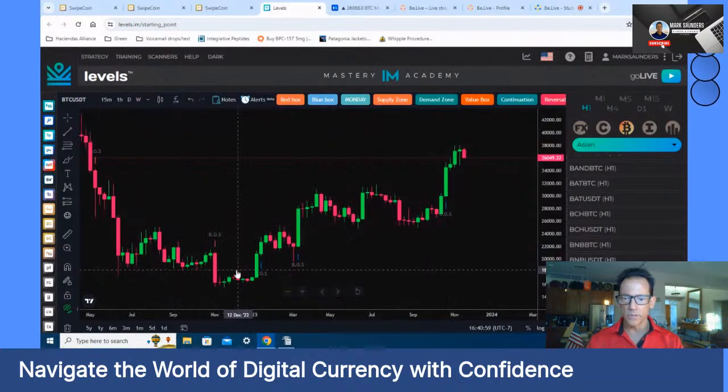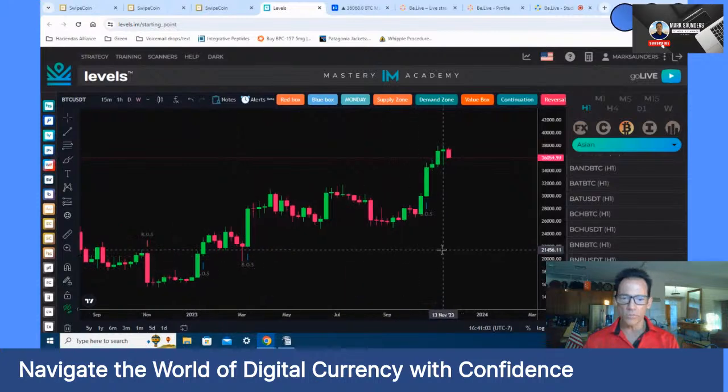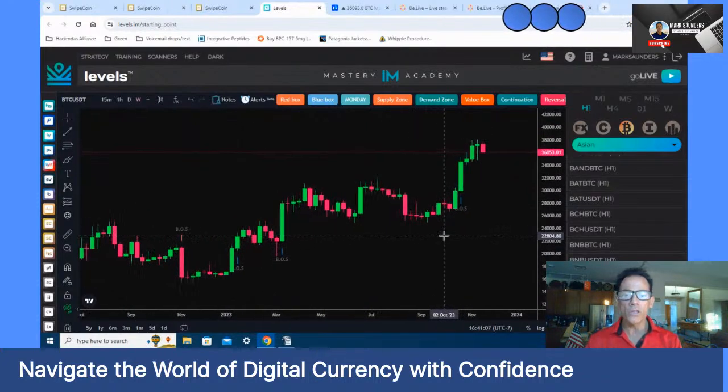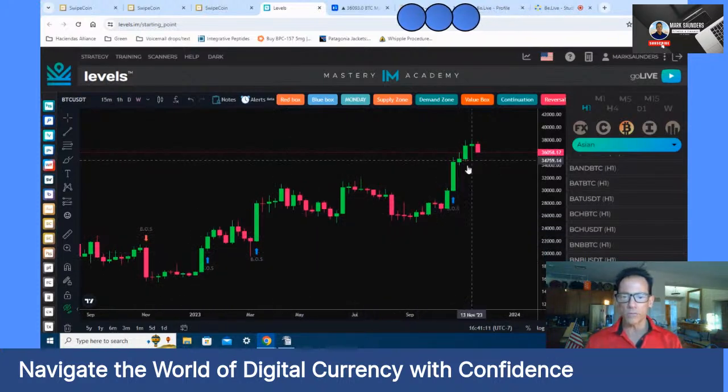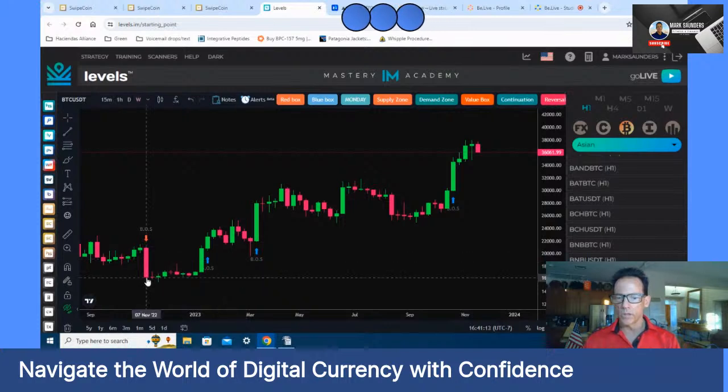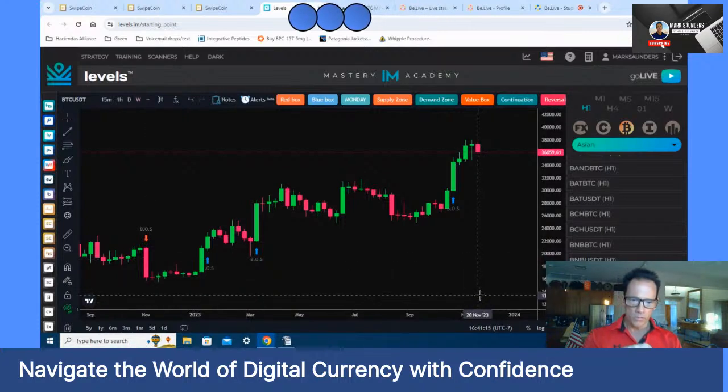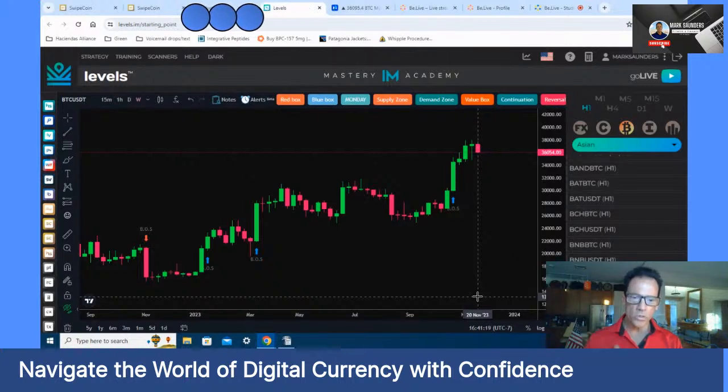Back here, November 21, is actually a year ago, so this is a year's worth of weekly candles, up to November 21, 2023.